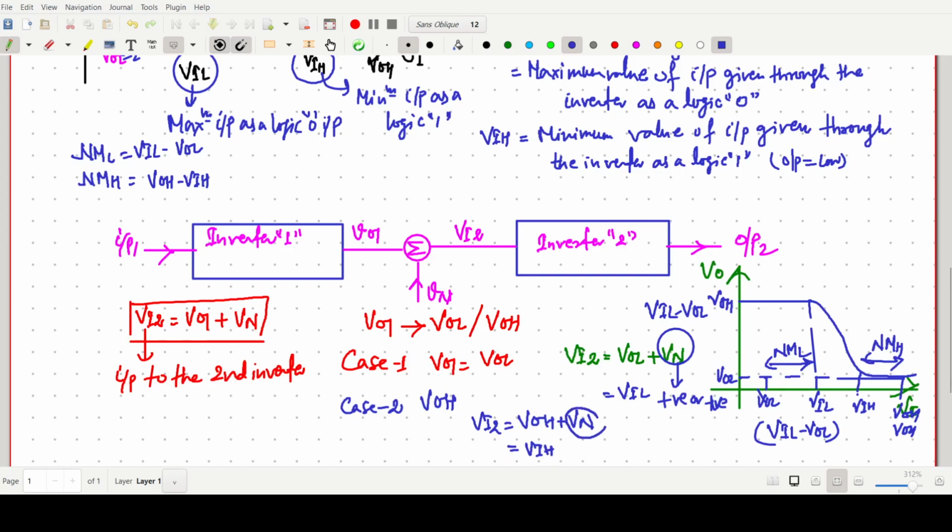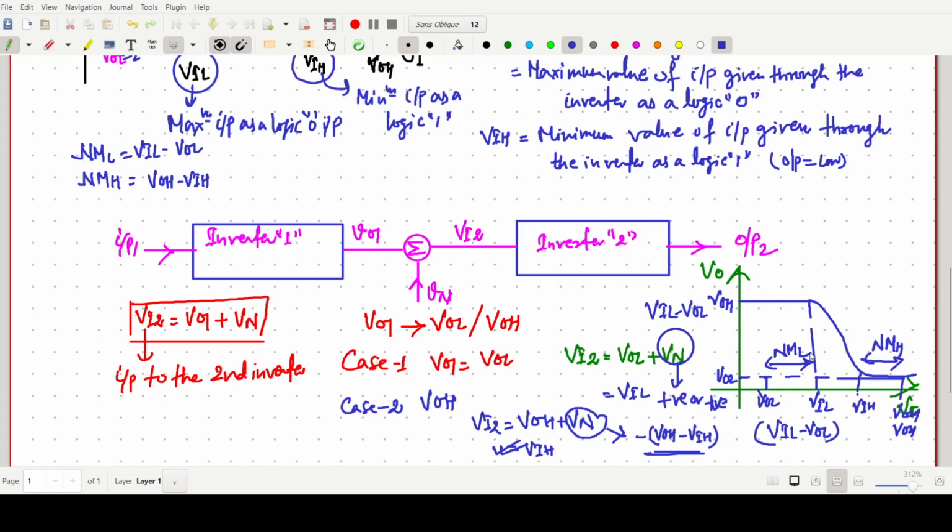So Vn will be the negative of this value, VOH minus VIH. In this case the acceptable limit of the noise is minus VOH minus VIH.